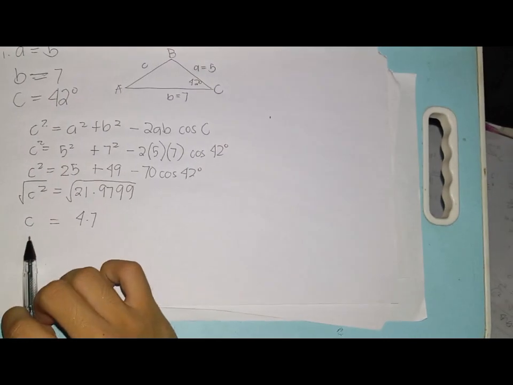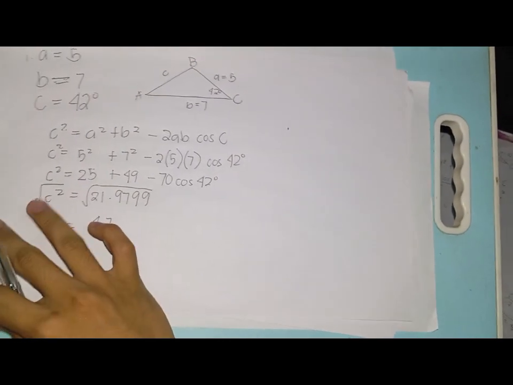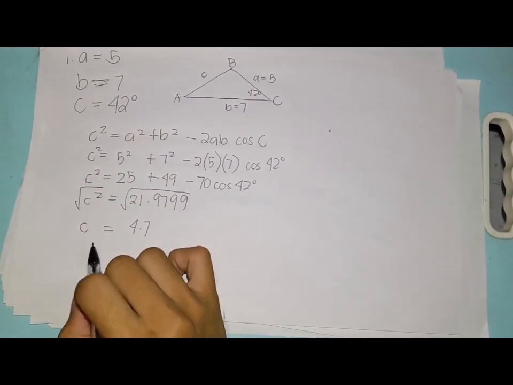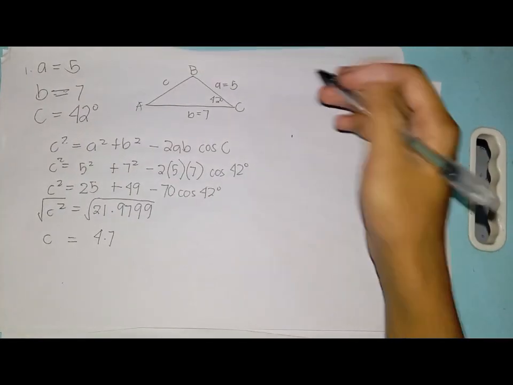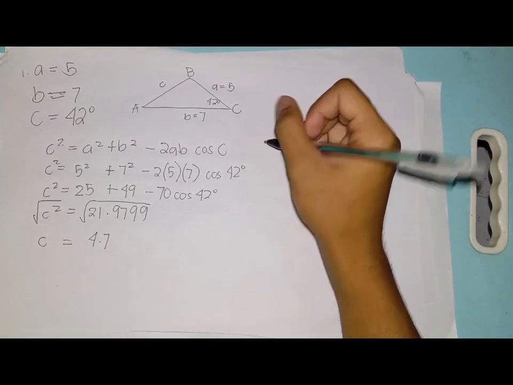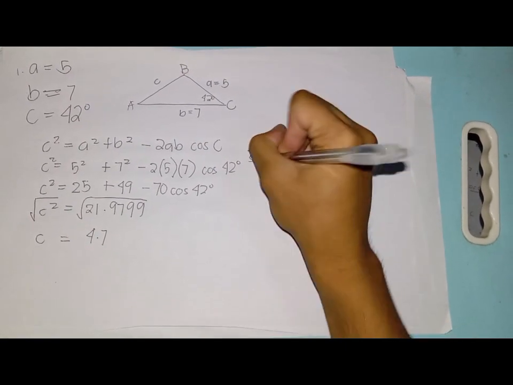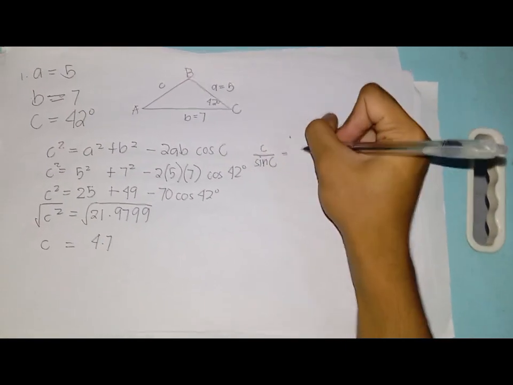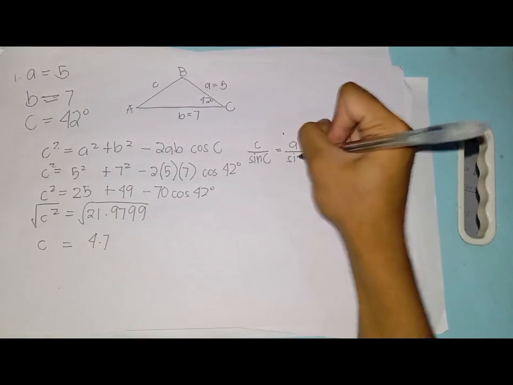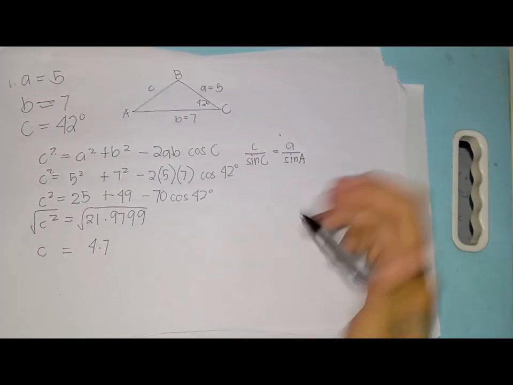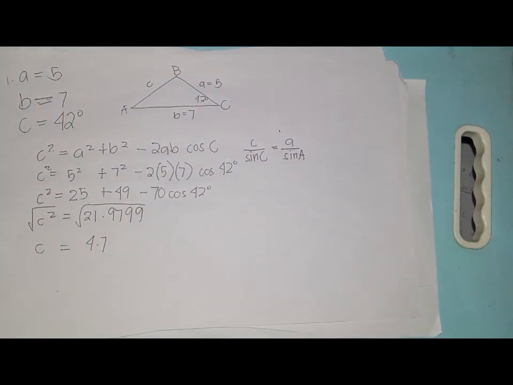Since we found side c, we can use the law of sines. We have c over sine C is equal to a over sine A. We are going to find angle A next.